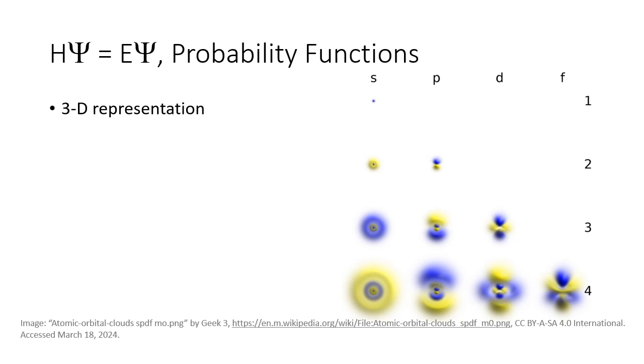Now, as you go down, we have 1, 2, 3, 4 here on the side. Each level you go down, you get a jump in size. So every time we go up, this 1, 2, 3, 4, you get a jump in size. 1, 2, 3, 4 on the right are principal quantum numbers.